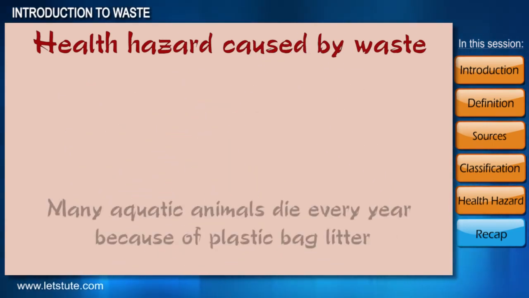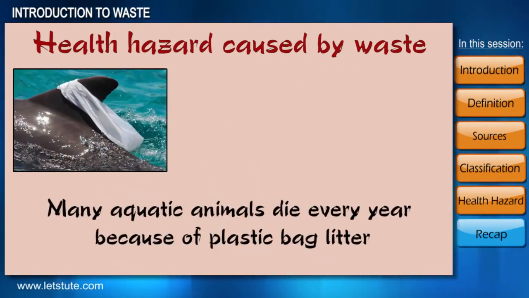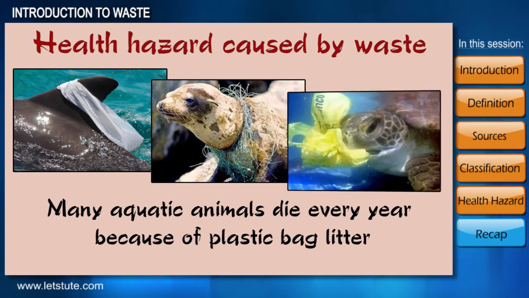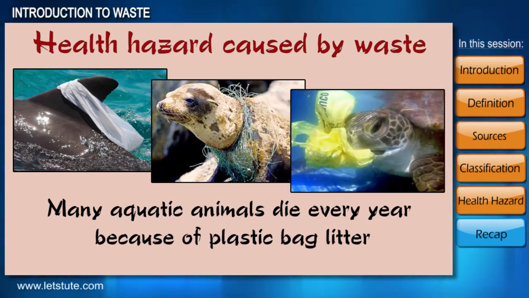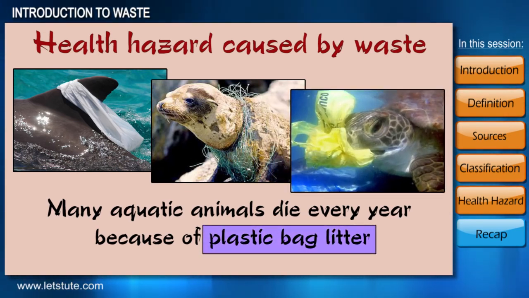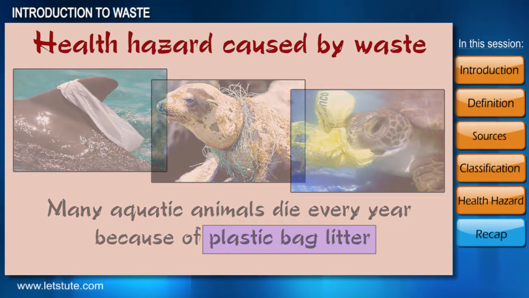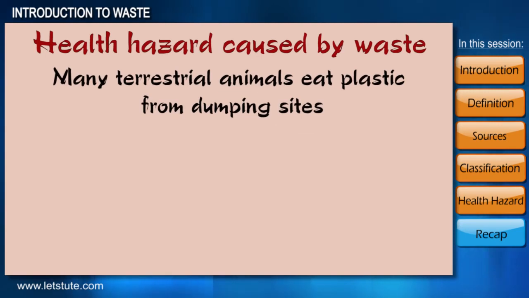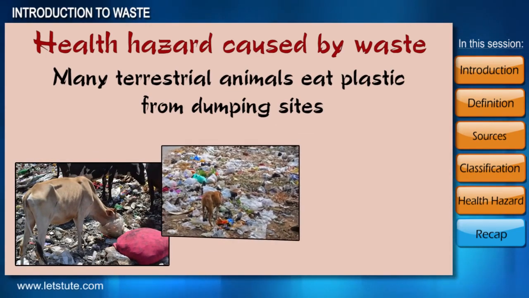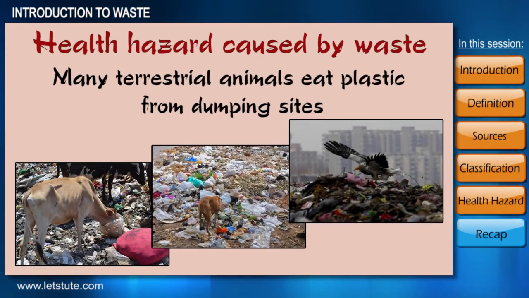Moreover, many aquatic animals like whales, seals, turtles die every year from plastic bag litter as they often mistake plastic bags for their food. Similarly, many terrestrial animals like cows, dogs, and even many birds eat plastic from the dumping sites, ultimately leading to their death.